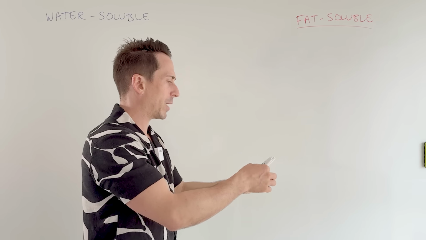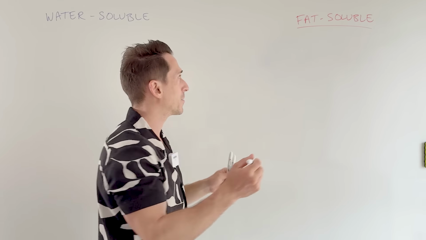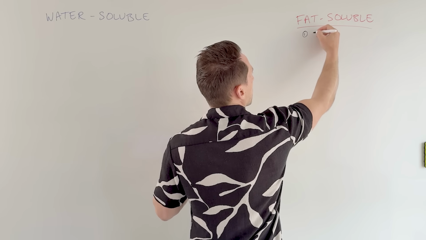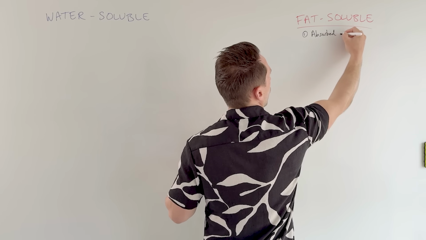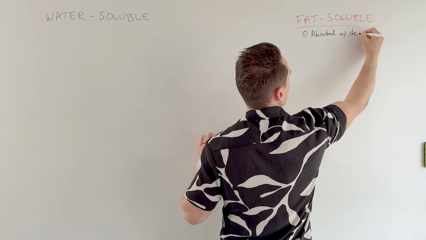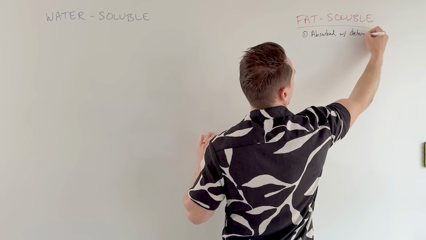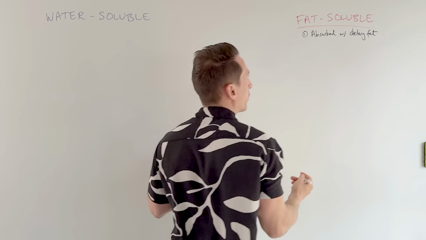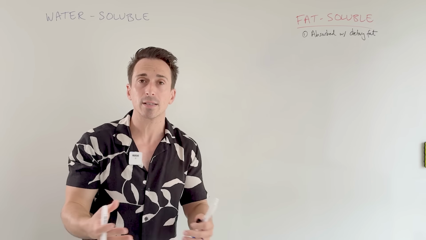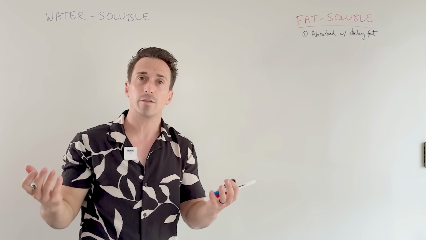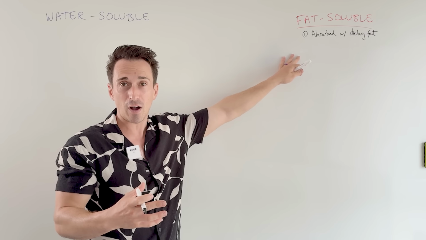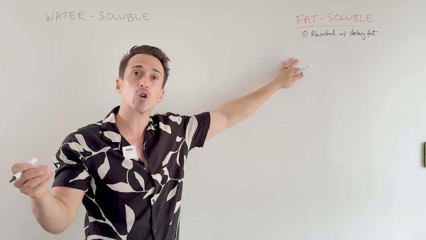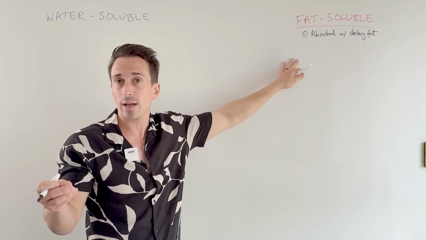Now that's important for a couple of reasons. One is this. It's important because they can get absorbed with dietary fat. So think about that. Triglycerides and cholesterol, when we ingest them in the foods that we eat, they all come together with the fat-soluble vitamins and we can absorb them across into our bloodstream or our lymphatic system.